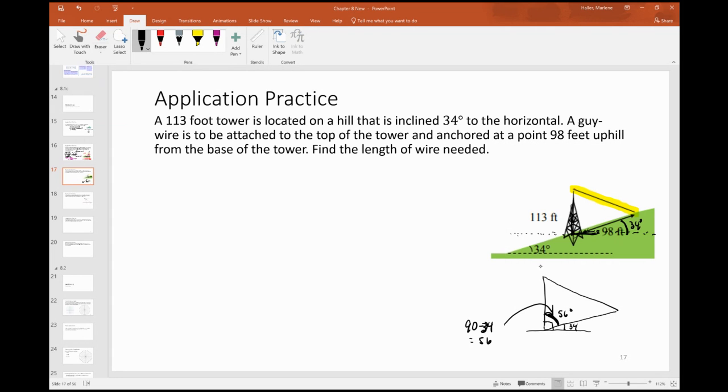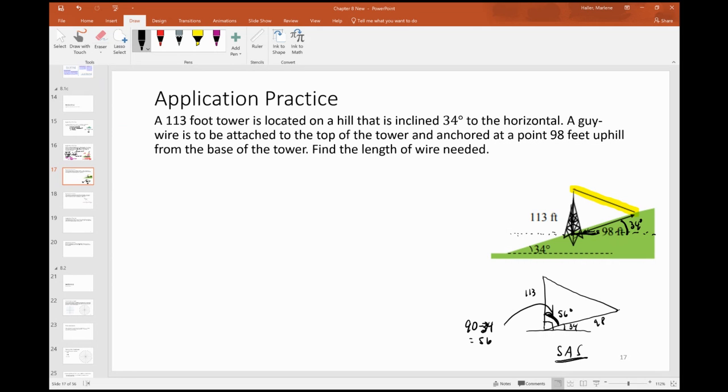I know the height of the tower, that's 113. I know how far up the hill that wire needs to be attached. That's 98. So now I have a side-angle-side triangle. I could use the law of cosines to solve this. The law of sines won't work because I don't have a ratio that I can form.